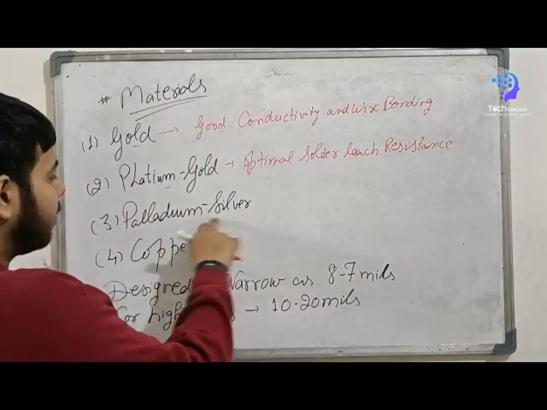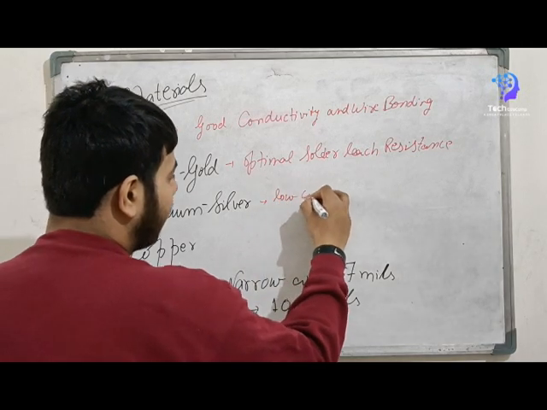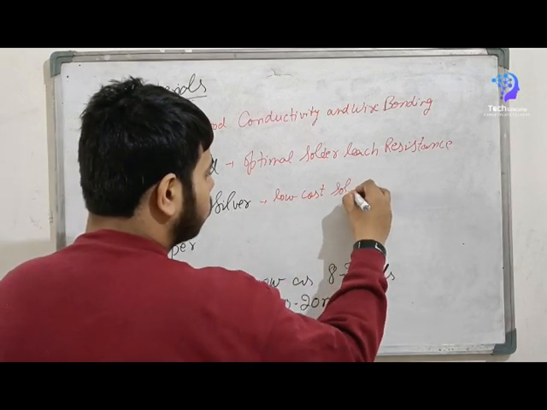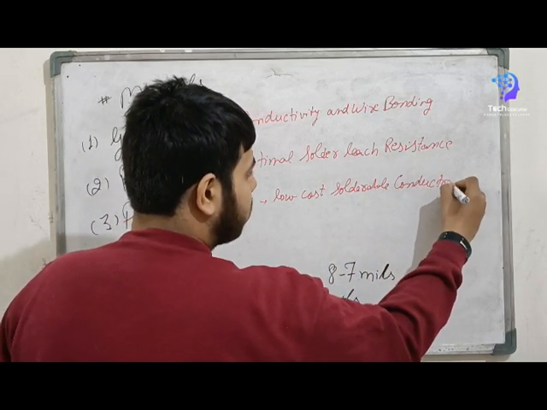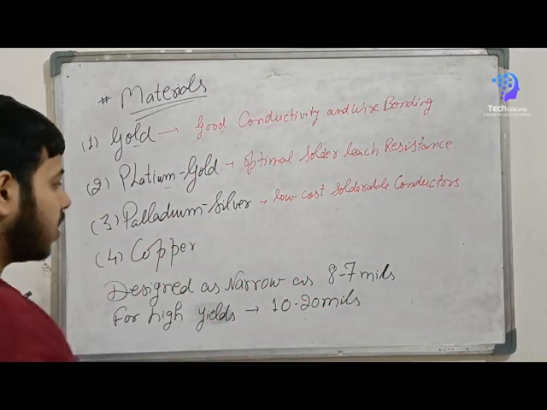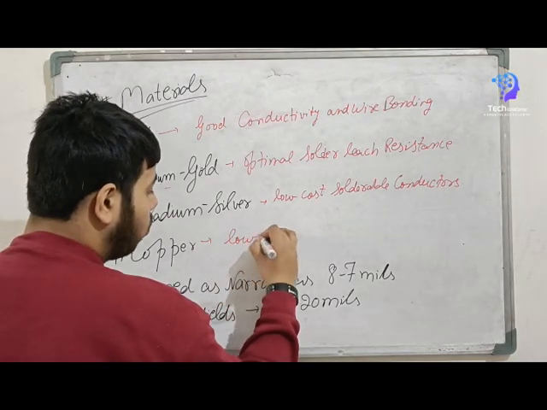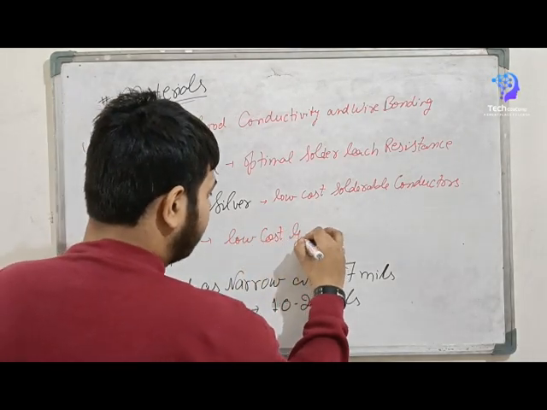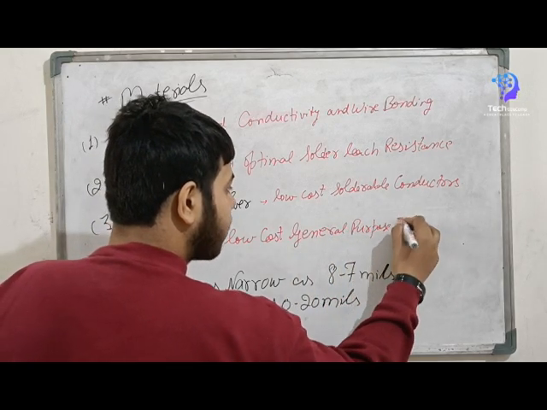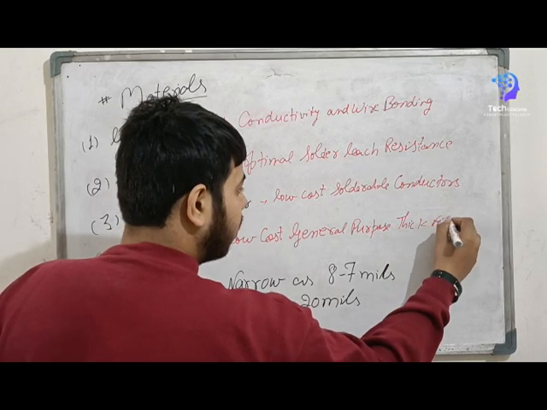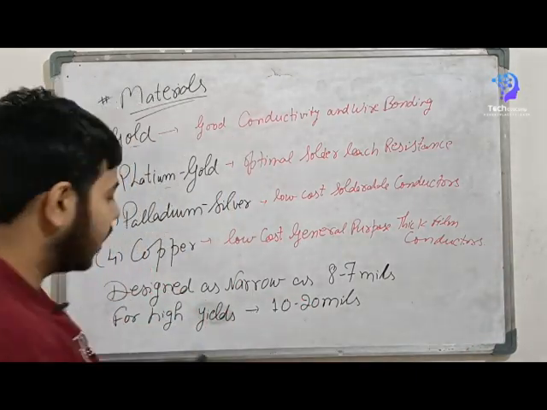Third is palladium silver, which is used for the design of low cost solderable conductors. And the last is copper, which is a very good material, and copper is used for low cost general purpose thick film conductors. So these are the places where these materials are used.